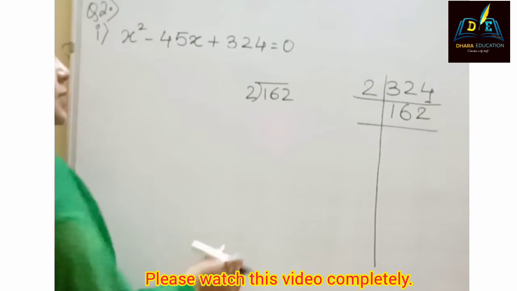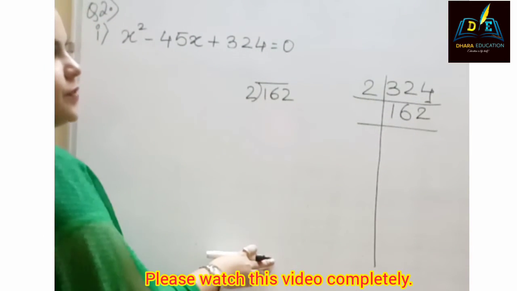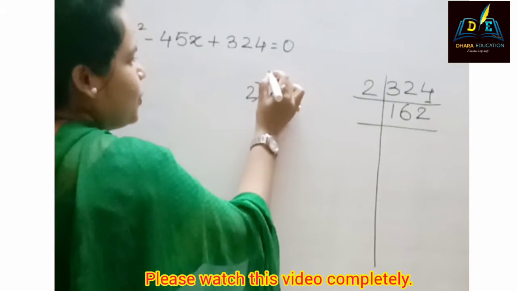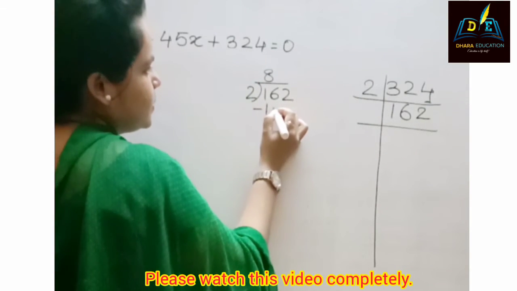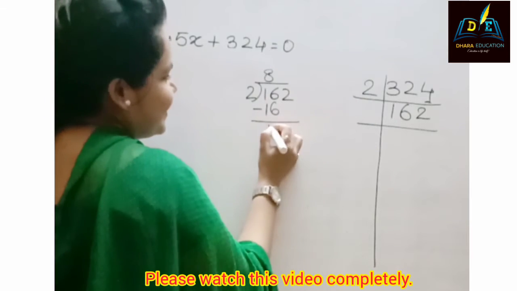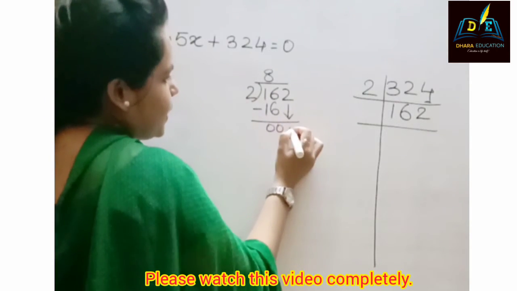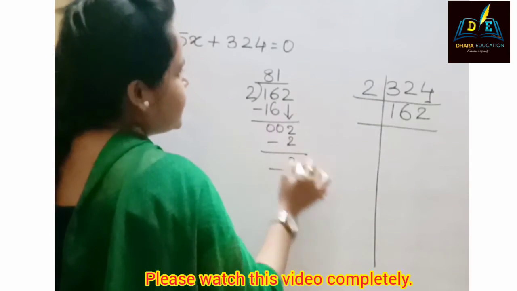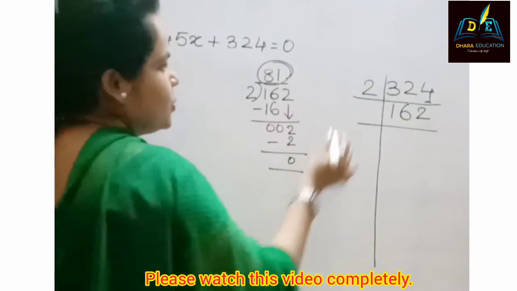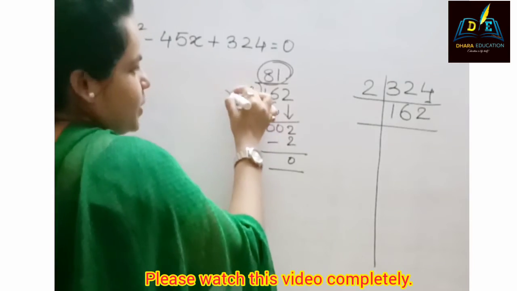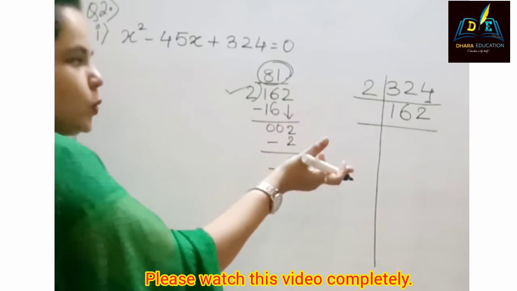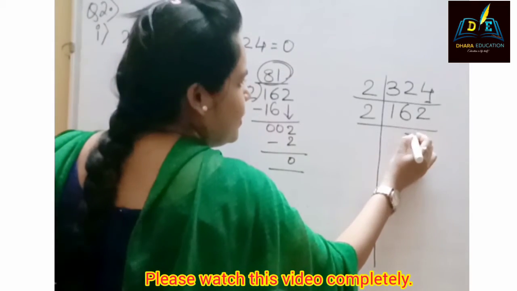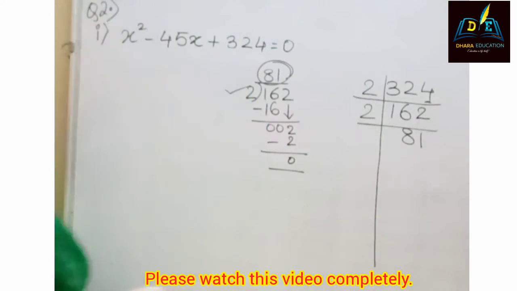Students, I have written this in division form so that it is easier to understand. So 2 eights are 16. Then 2 will come down, and 2 ones are 2, so the answer will be 81. We write 2 because it was divided by 2, and the answer 81 we write here.